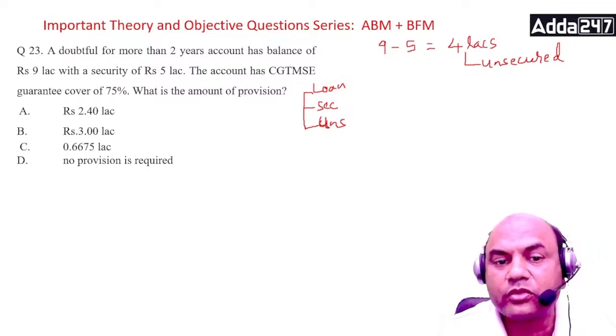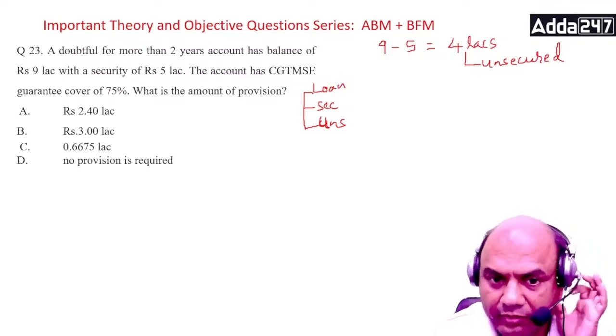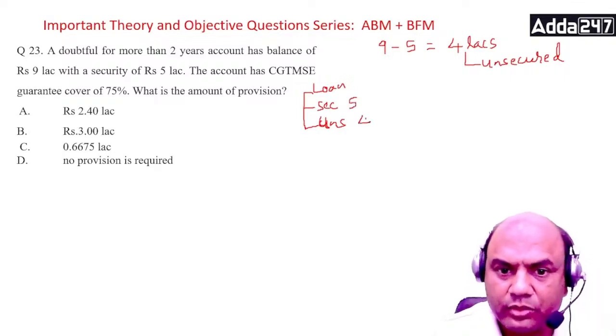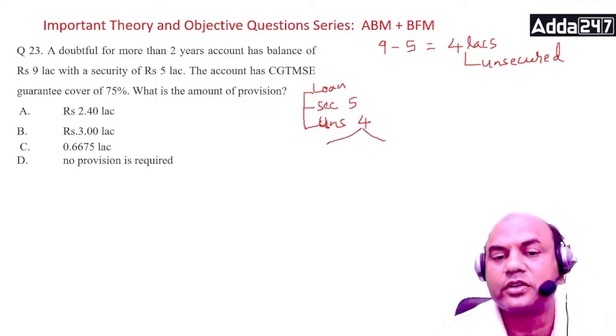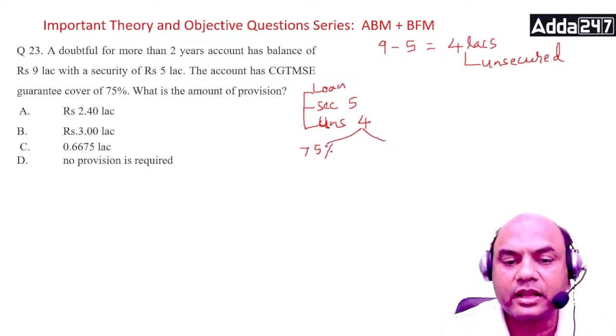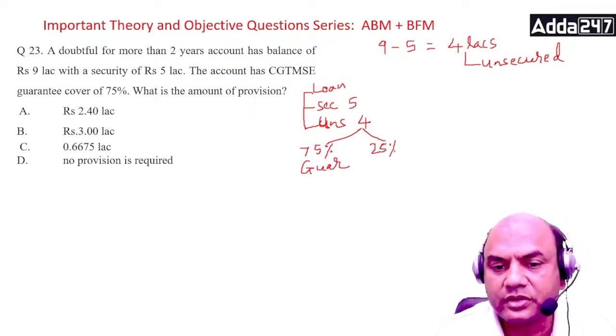The secured part won't have this guarantee, so 5 lakhs is over. The remaining 4 lakhs will have the guarantee of 75%. So there will be 2 parts of this 4 lakh: 75% guarantee, and 25% unsecured.